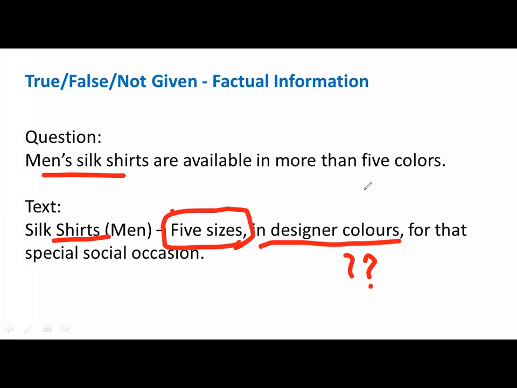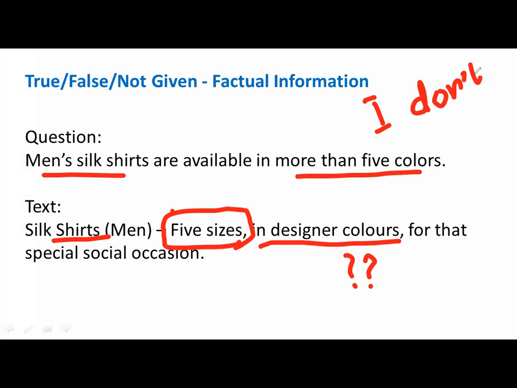My question to you is, how many colors are there? Is it 5 or more than 5? Now your answer is, I don't know. Why? Because the text is not helping you.